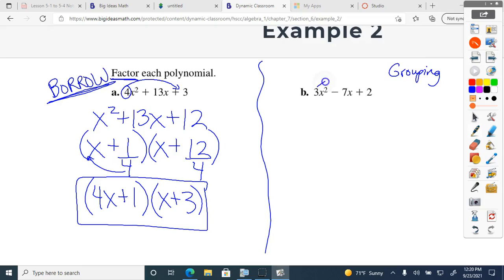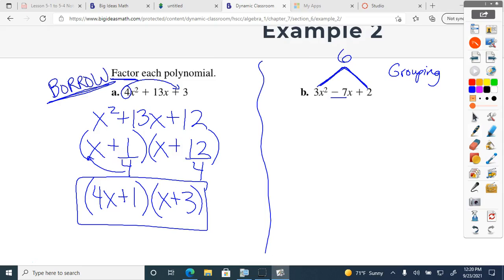The first thing we're going to do is multiply these 2 numbers together. What do I get? 6. And I'm actually going to play the game right here. What 2 numbers multiply to be 6 and add up to -7? What kind of 1 and what kind of 6? -1 and -6. So they're both negative, aren't they?